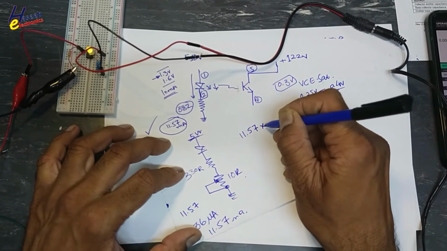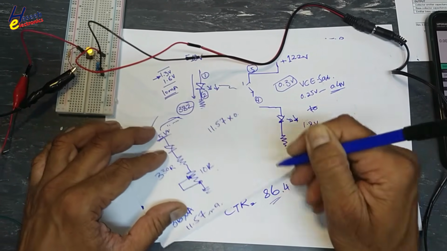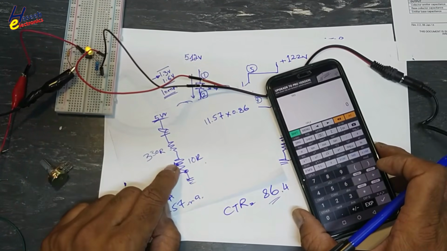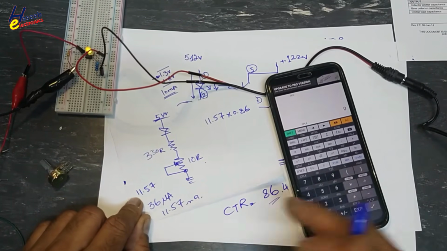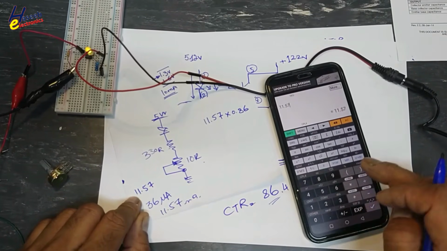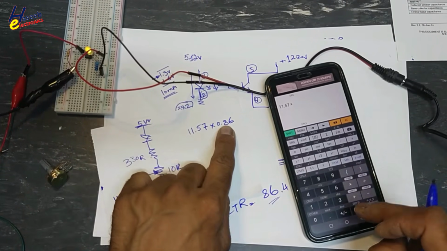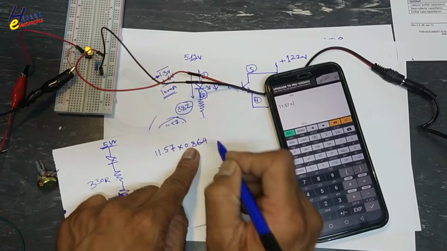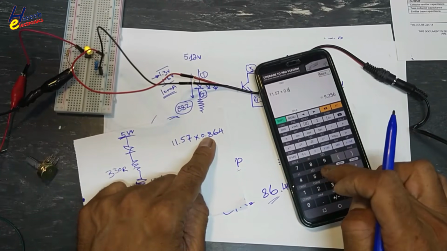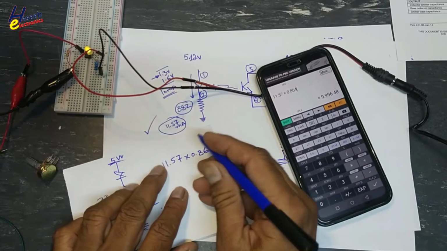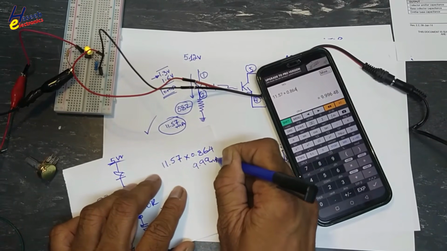Now with the same ratio, 11.57 multiply with 0.86 that we calculated here. If we will set this potentiometer to 0 resistance, that time 11.57 current here, multiply with this ratio, that is 0.864, which we calculated here, 9.99 milliampere.